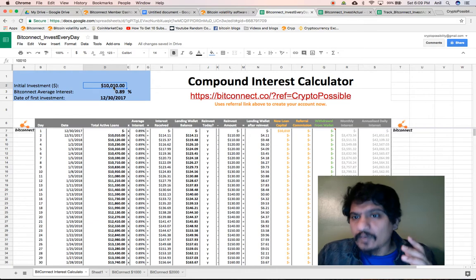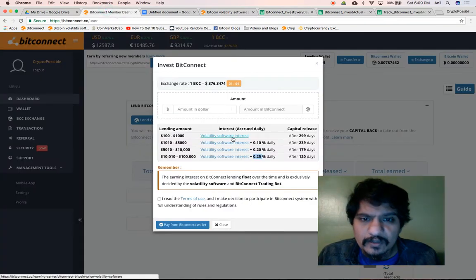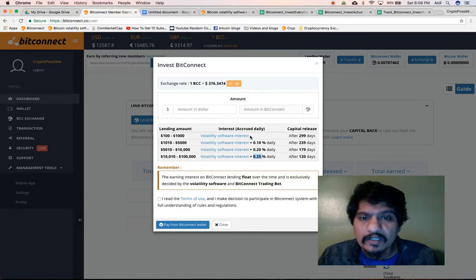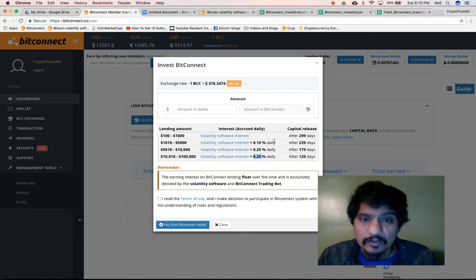So if I put in less than $1,010, you're supposed to get only the volatility software interest. Whatever that day's interest is, that's what you're supposed to get. If it is more than or equal to $1,010, you're supposed to get the volatility software interest plus 0.10.